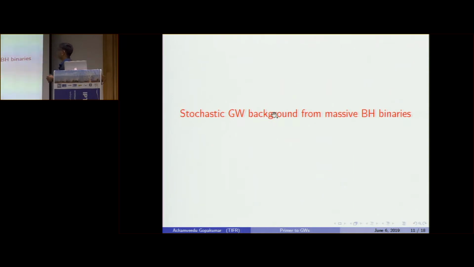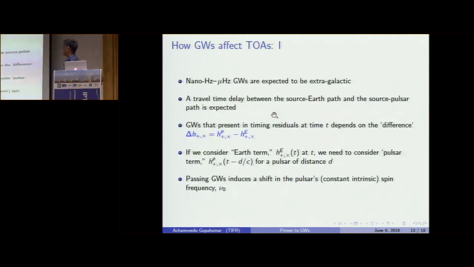Okay? Now, you might have heard that the nanohertz gravitational wave astronomers are expecting a stochastic gravitational wave background, not individual events for the time being. Why? First, I'm just trying to make this a bit mathematical. Again, passing gravitational waves are going to affect pulses coming towards us, exactly like the cartoon I showed you.